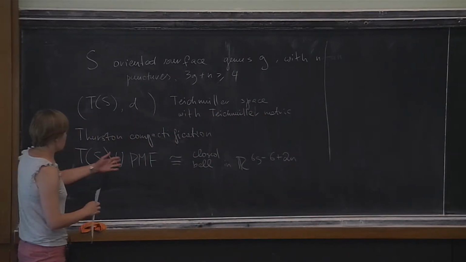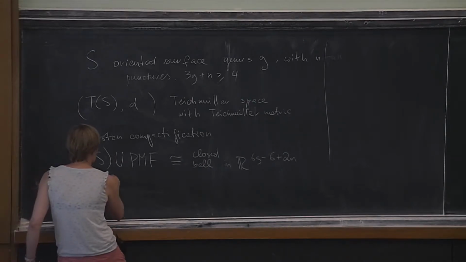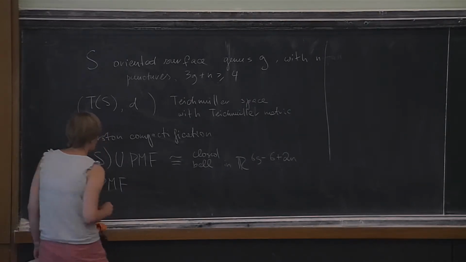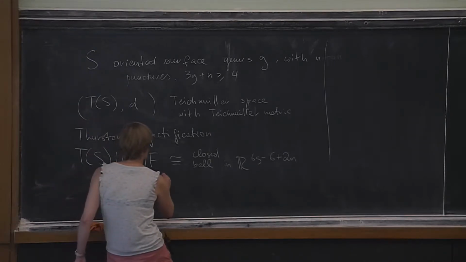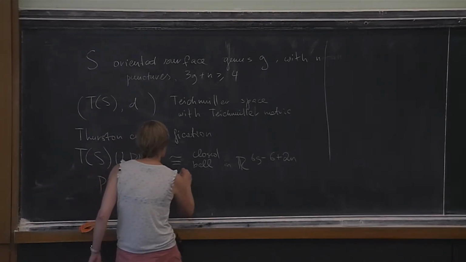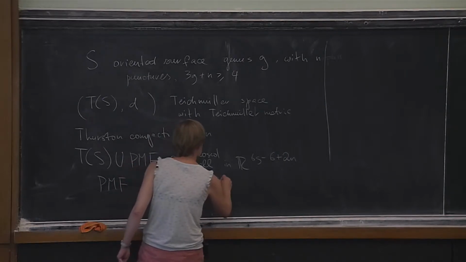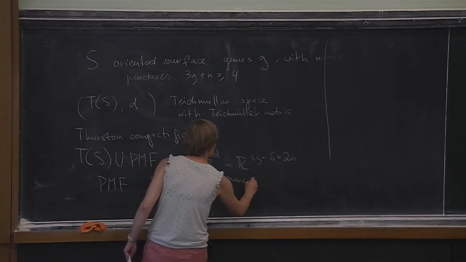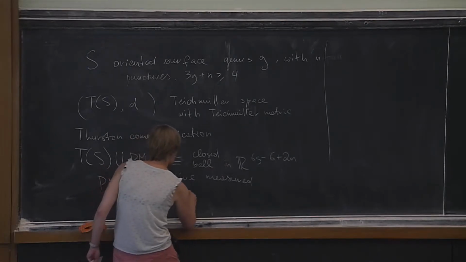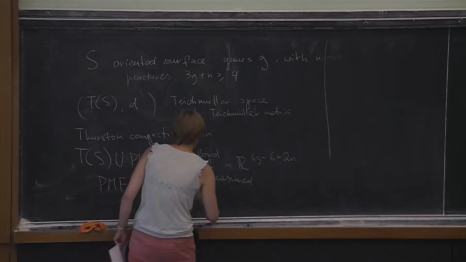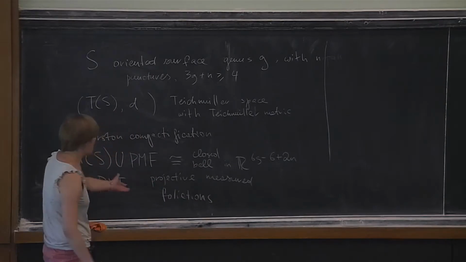Okay, and here PMF, these are the projectivized measured foliations. And that's the boundary, it's a sphere.